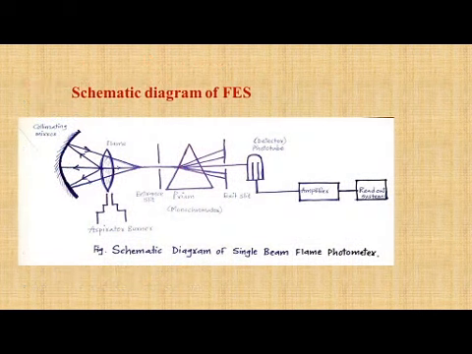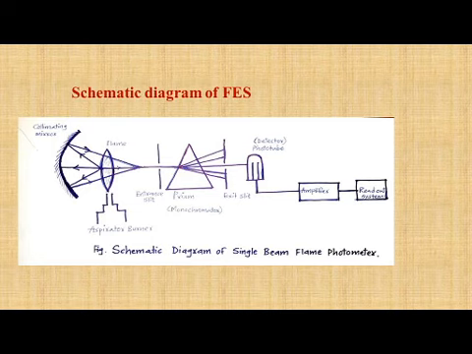The schematic diagram of the flame emission spectrophotometer shows the different components. On the left-hand side is a mirror, that is a concave mirror, then the atomizer, which is also called the burner. After the burner there is an entrance slit, then a prism, which is the monochromator.